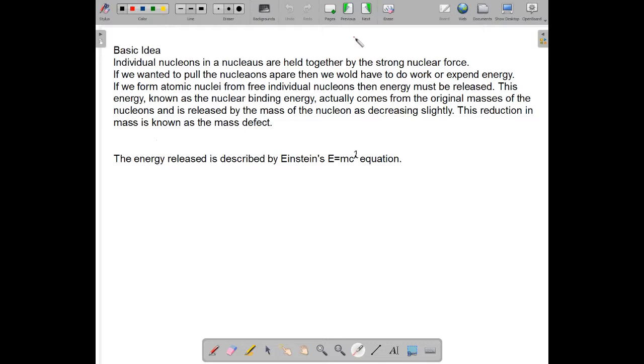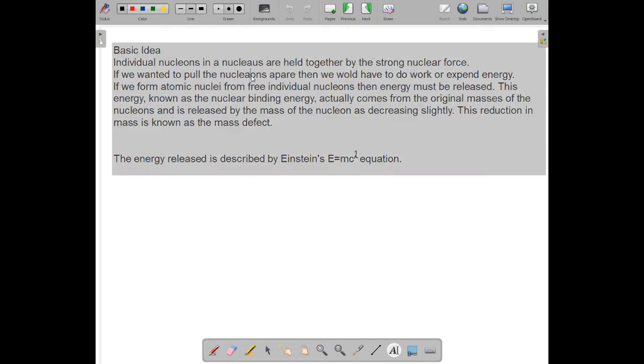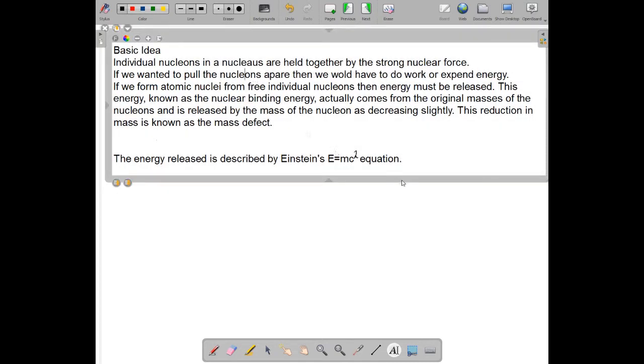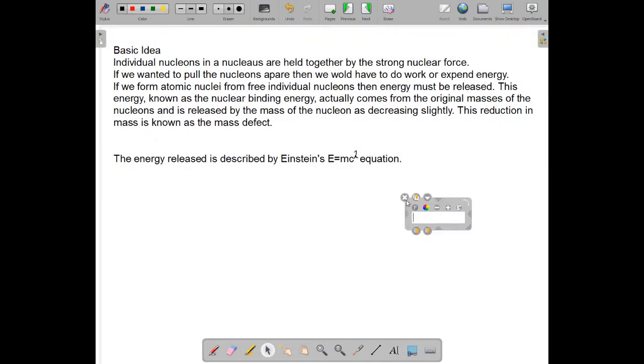If you wanted to pull the nucleons apart, you would have to do work or expend some sort of energy on them. So if you're forming a nucleus from free individual nucleons, then energy must be released. That's the opposite process: energy is needed to pull them apart, and energy is released in bringing them together.